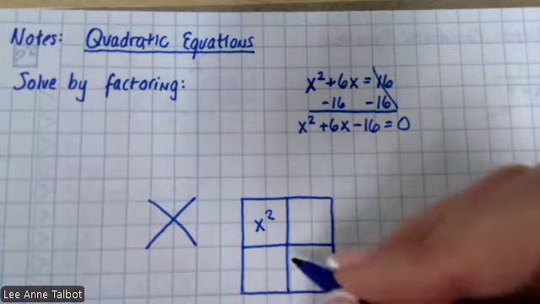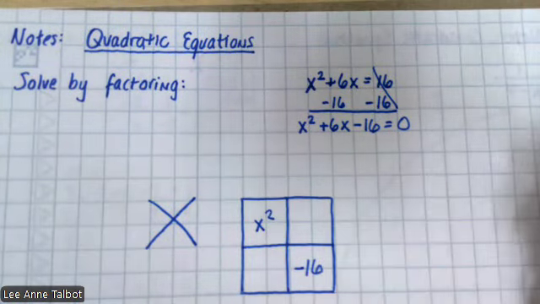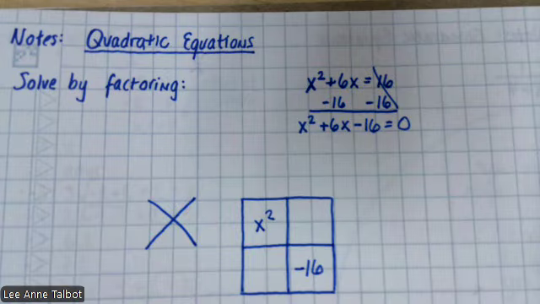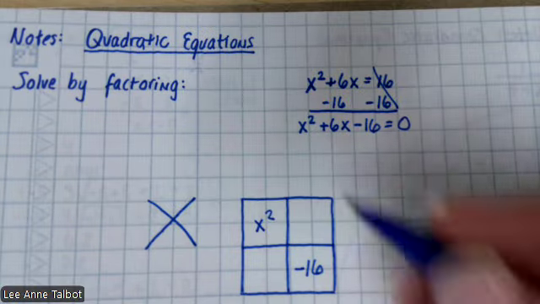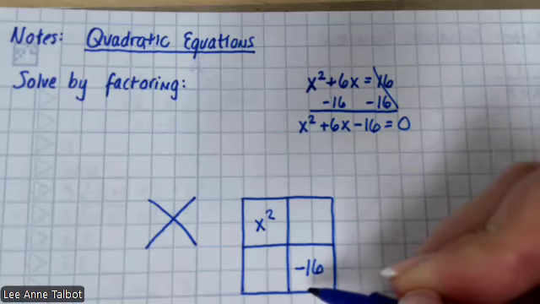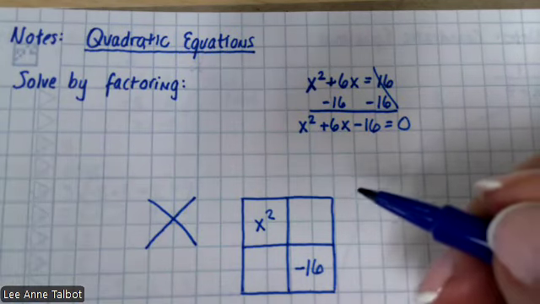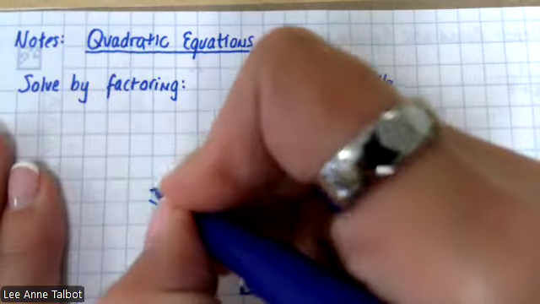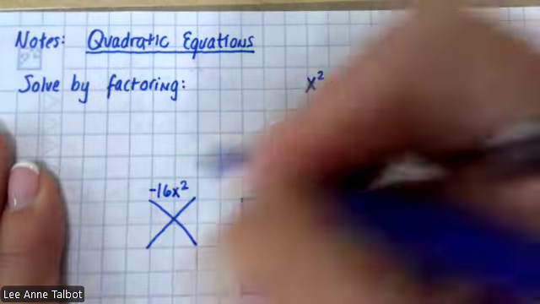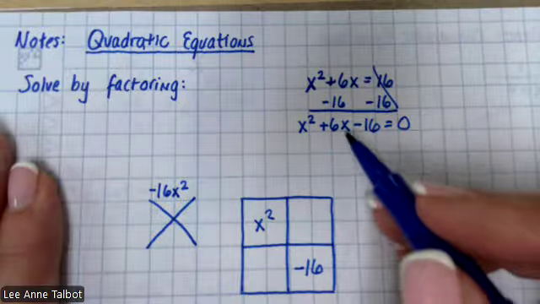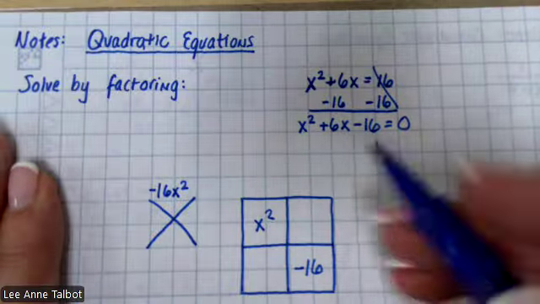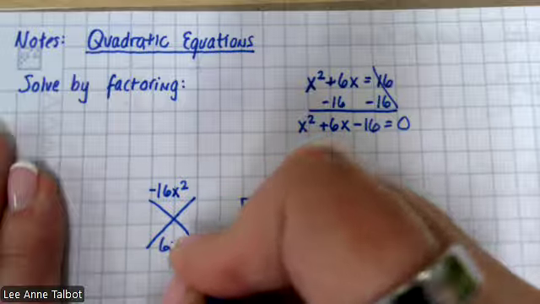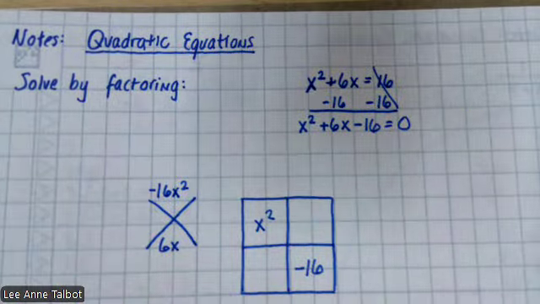The last term goes in the last box. And that's the first part of your setup. So step 1, first term in the first box, last term in the last box. Step 2, you're going to multiply these two and put them at the top of the diamond. So this becomes negative 16x squared. And the middle term, the b term, goes to the bottom of the diamond, which is 6x.